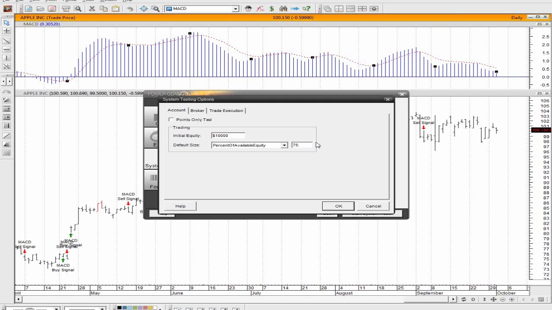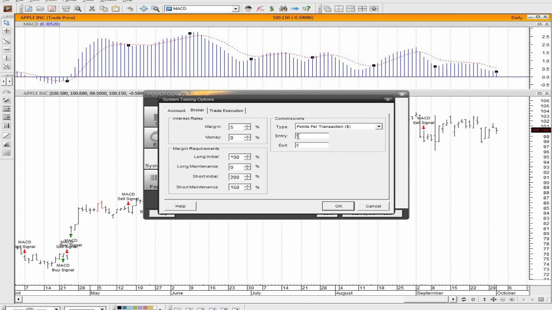Now, as we grow our account, it's always going to be 75% of what we have. So if we grow that up to 20,000, then all of a sudden you're going to be trading that. So it allows you to test it with compound returns. You may like that, you may not like that. There's arguments on either side. The point is you can do it.